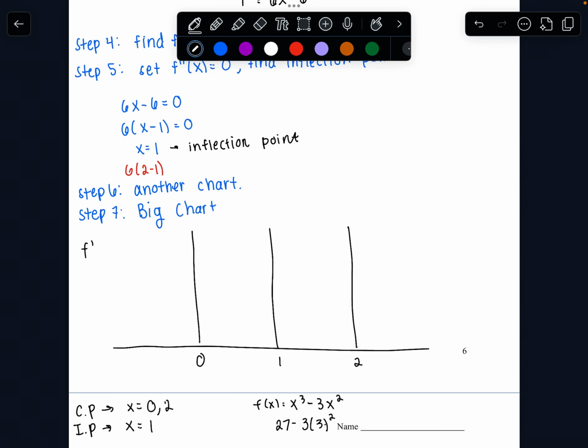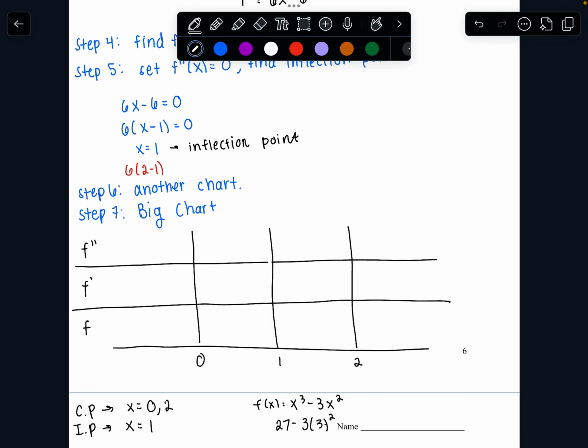We're going to see what's happening on F prime, F, and that'll give me the shape of F. Okay. So, we said between 0 and 2, what? Were we decreasing? Yeah, we were decreasing. And we were increasing. Okay.